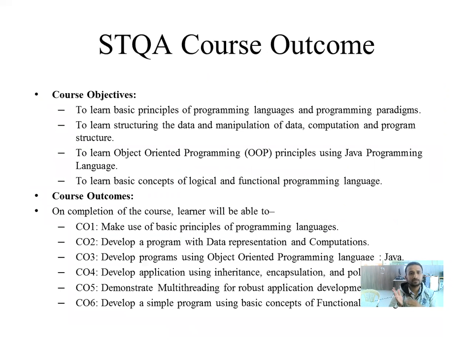The next we have is course outcomes. We are going to learn Principles of Programming Languages, right? So for this PPL, we have some course outcomes. These course outcomes are nothing but the things that we will be able to do after learning this particular subject.